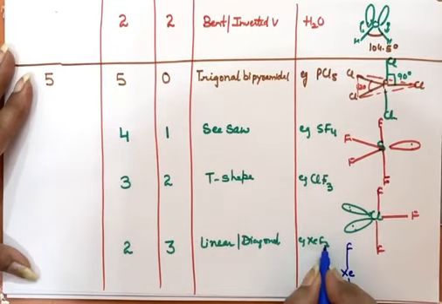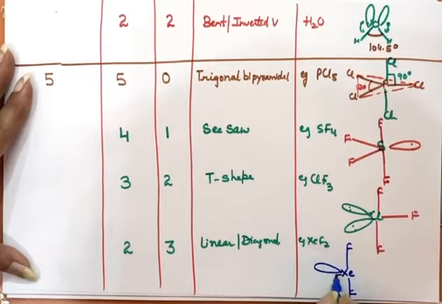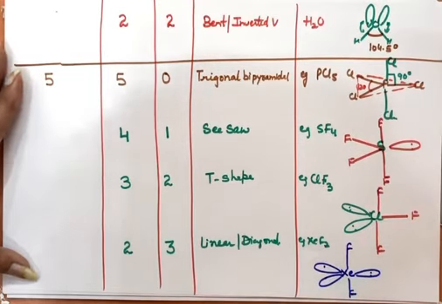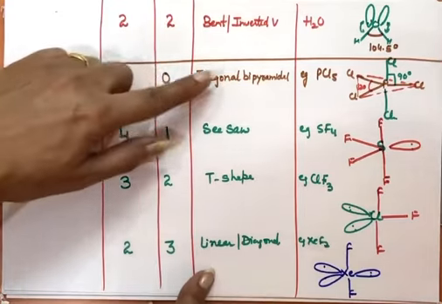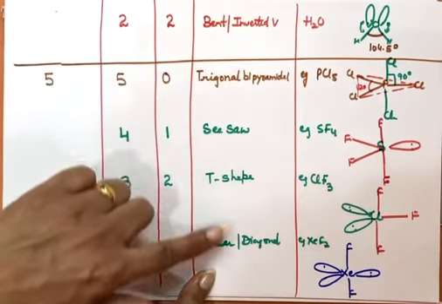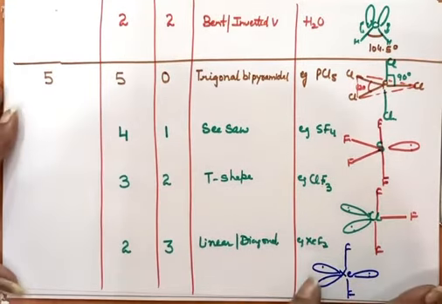After using 2 electrons out of the 8, 6 electrons are left with xenon. These 6 electrons will form the 3 lone pairs, which will be towards the corners of this equilateral triangle. So this shape is a linear shape or diagonal shape. So if we have 5 electron pairs, we have these kinds of possibilities. This is a regular geometry and these 3 are the distorted geometries.